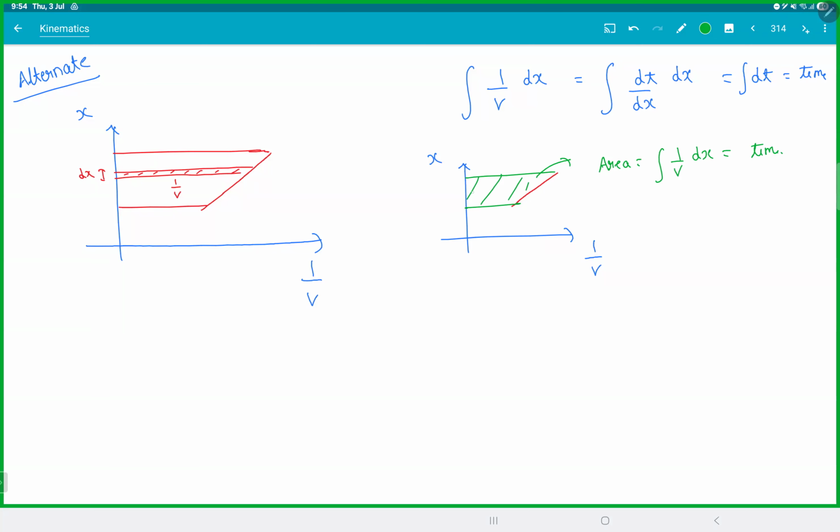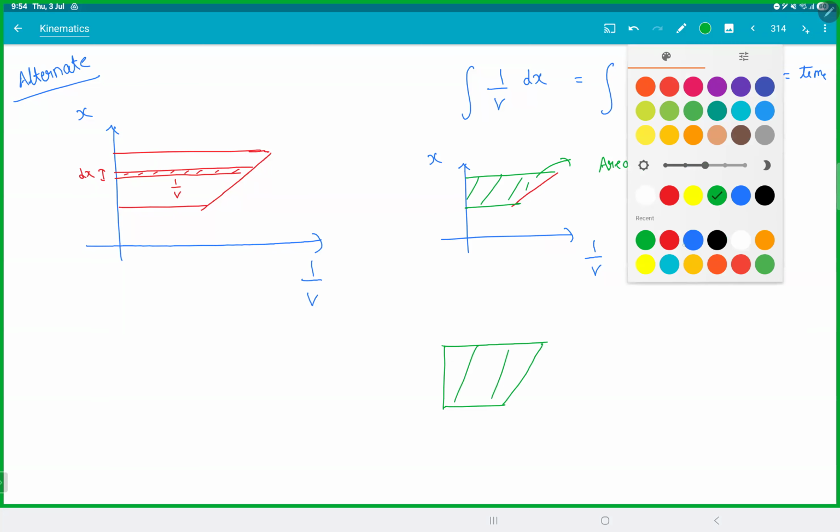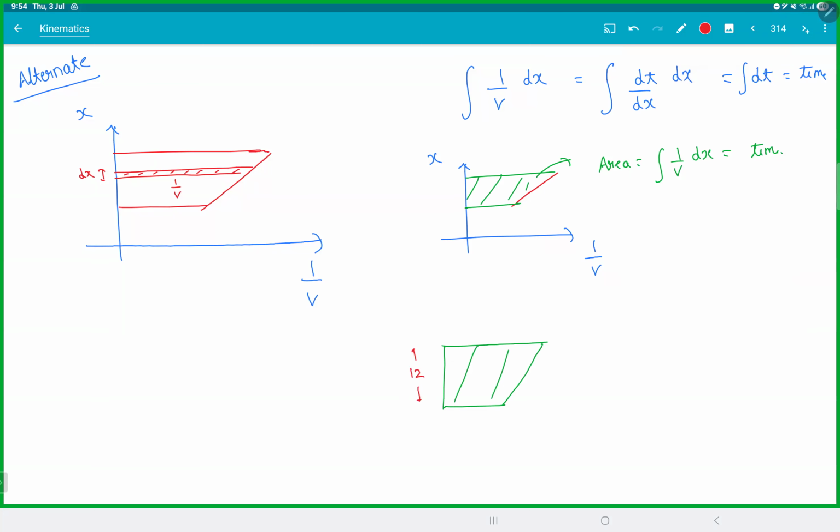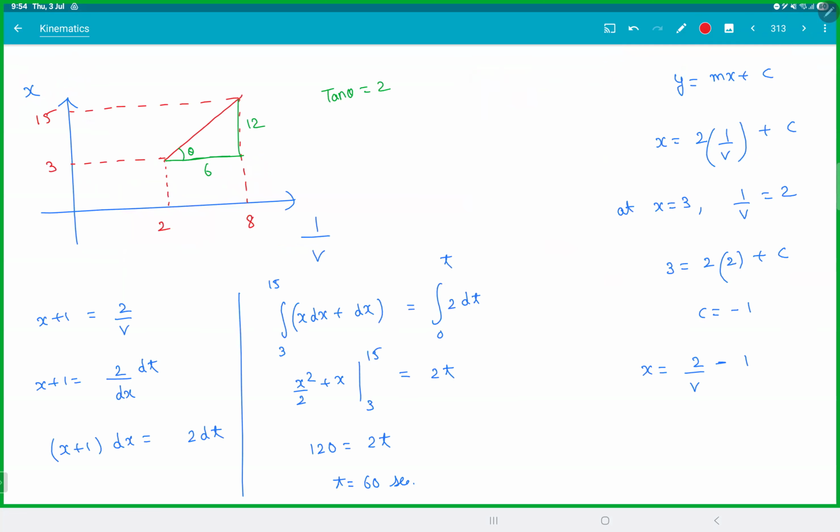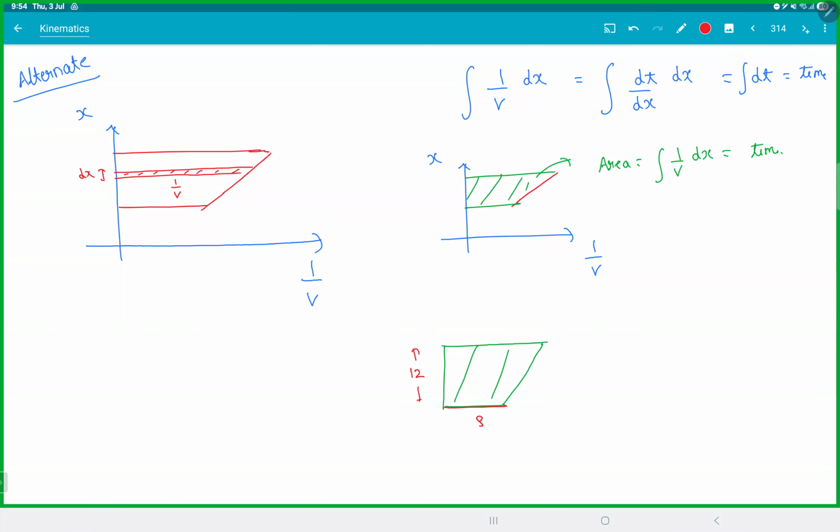It's a trapezium. This is 12, because that is 15 minus 3. This is 8. This is 15. Area of a trapezium is half the sum of the parallel sides, 8 plus 2, into 12.